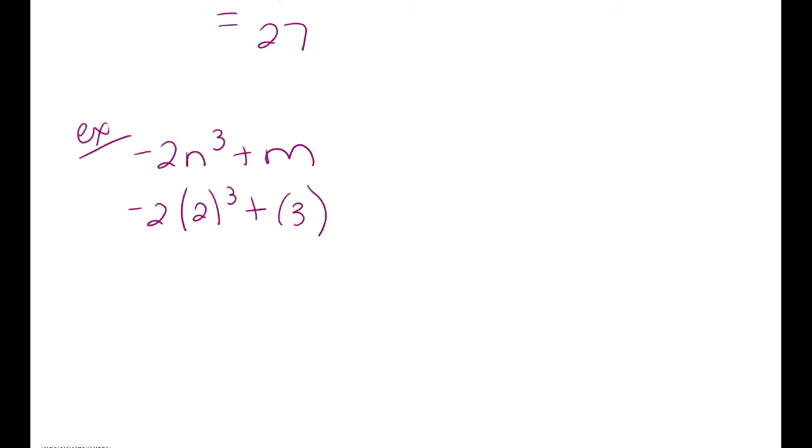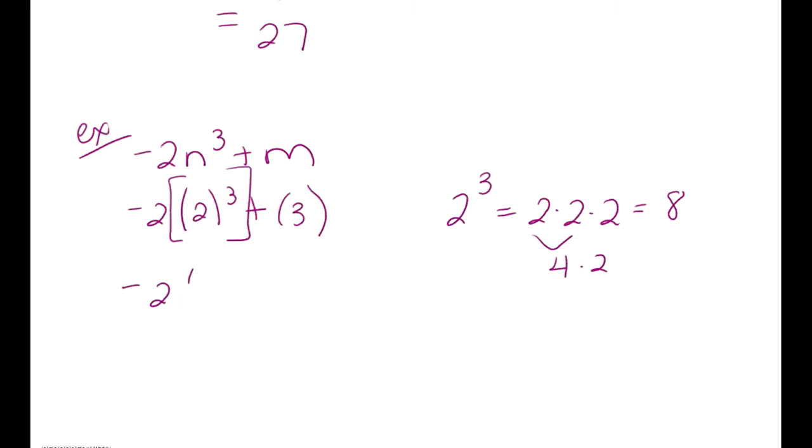And now we have to evaluate our order of operations. So first up is my exponents. So remember, over to the side, 2 to the 3 is the same thing as 2 times 2 times 2, which is 4, and then times 2 would be 8. So now I'm going to replace that value with 8.